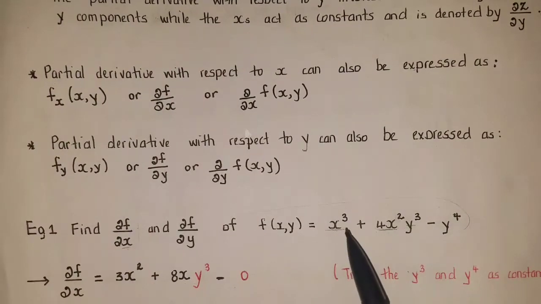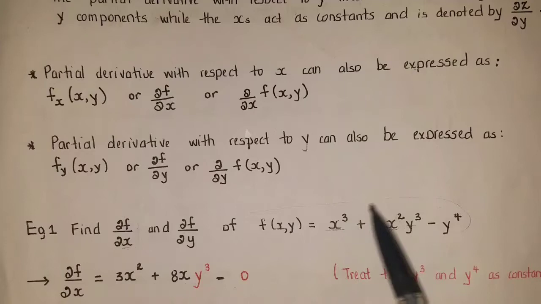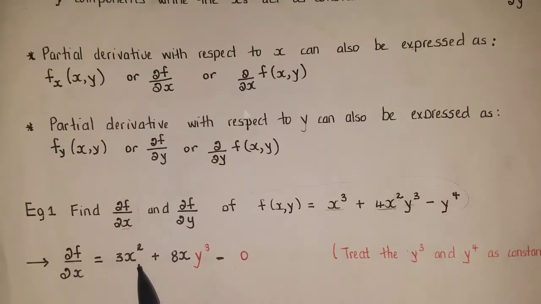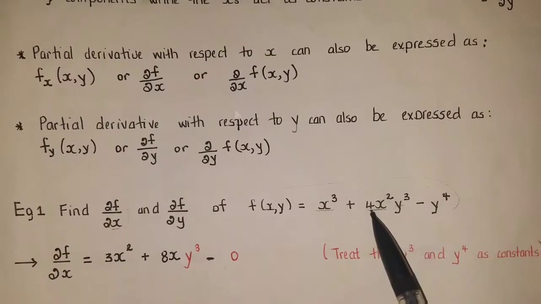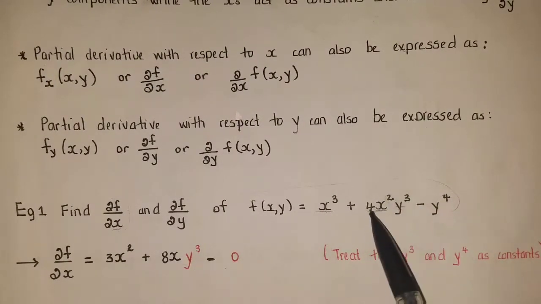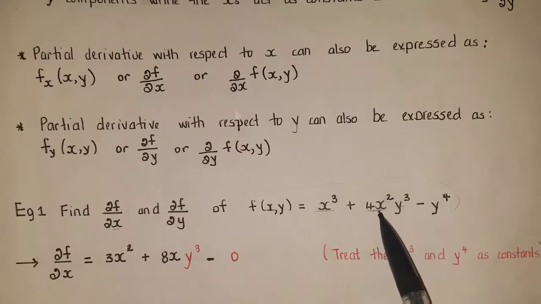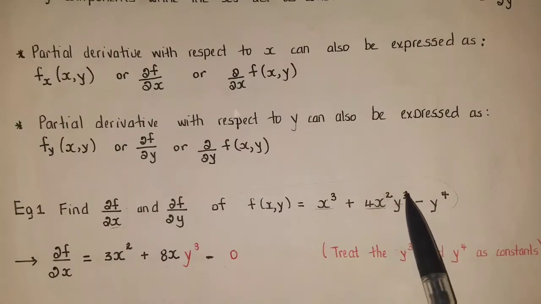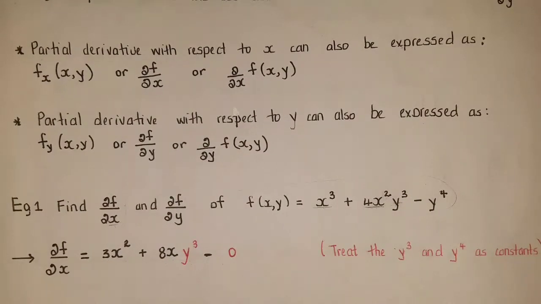Now, differentiating the x cubed is quite simple. We know that we will get 3x squared as seen below. For this part, where we have 4x squared y cubed, we will differentiate this 4x squared to get 8x, but we will multiply by this y cubed because it's acting as a coefficient in this case.